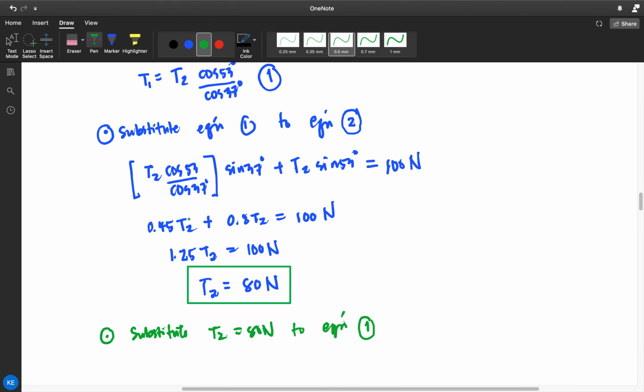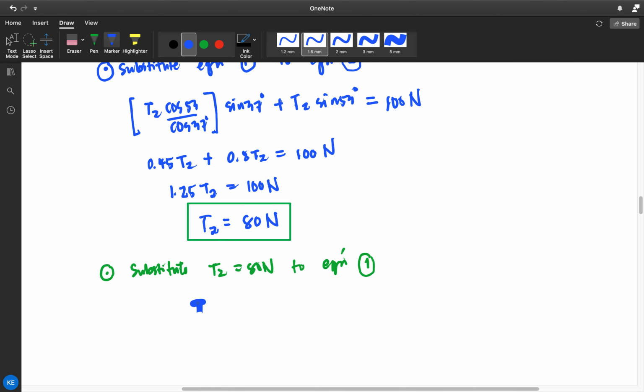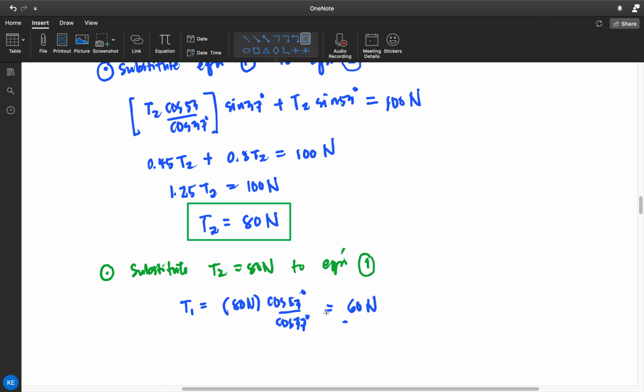So you'll have here T1 is equal to quantity 80 newtons cosine 53 over cosine 37. So the answer will be equal to 60 newtons. So this will be the final answers for that one.